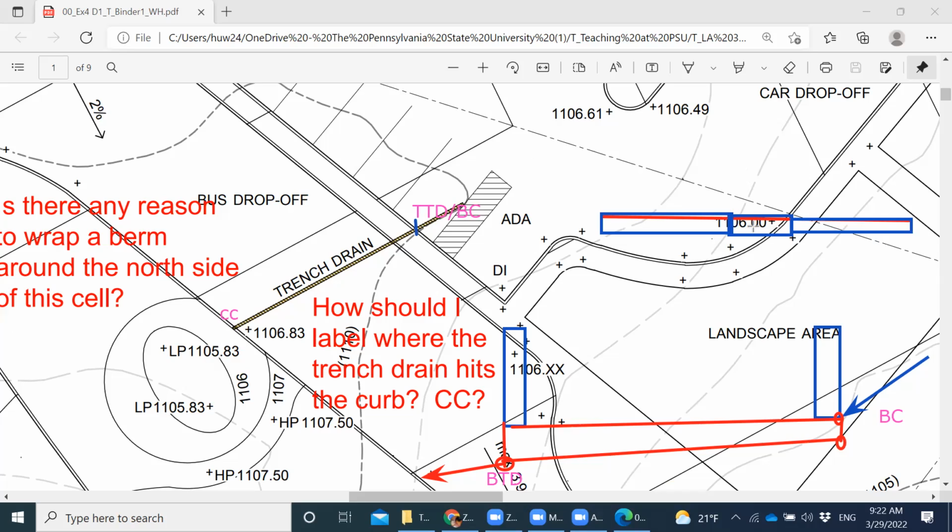Does that make sense? So at the face of the curb here, you have the entry of the water, but you don't necessarily cut the curb open. There's no segment of that open gap. The face of the curb is closed. Yeah.